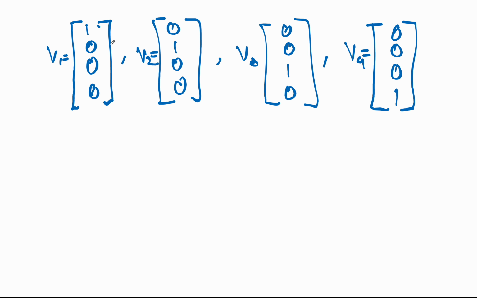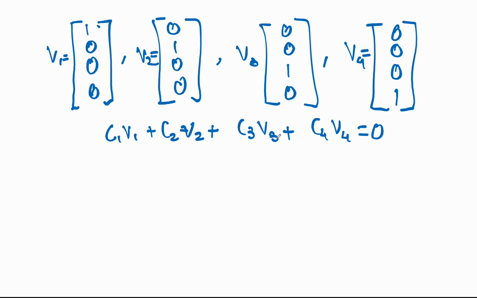Here you can see that all vectors are independent, because if we take C1 V1 plus C2 V2 plus C3 V3 plus C4 V4 equal to 0, we can see that C1 is equal to 0, C2 equal to 0, C3 equal to 0, and C4 equal to 0.